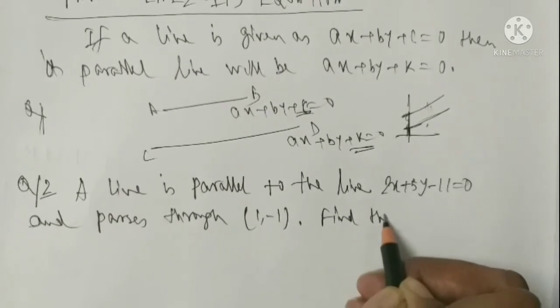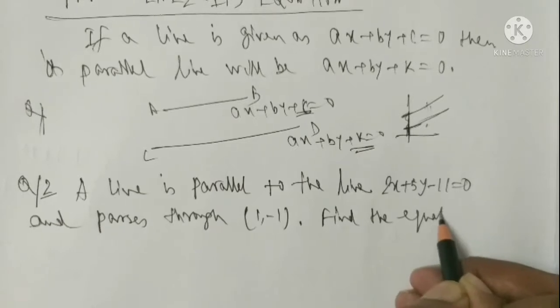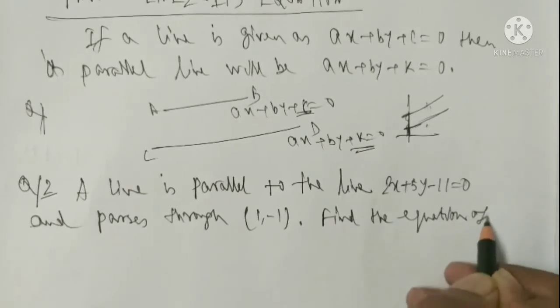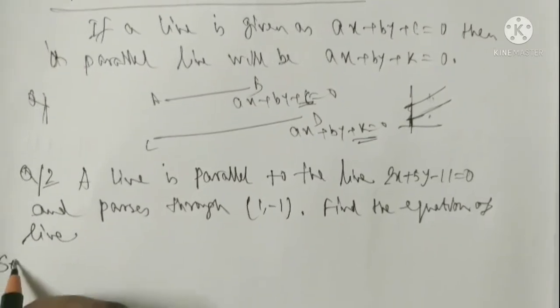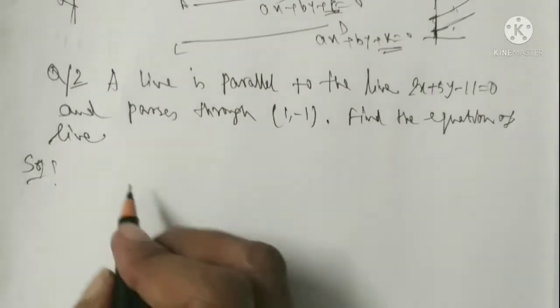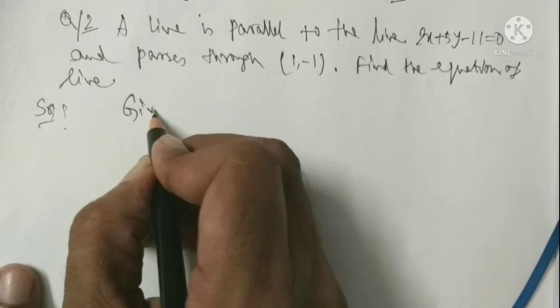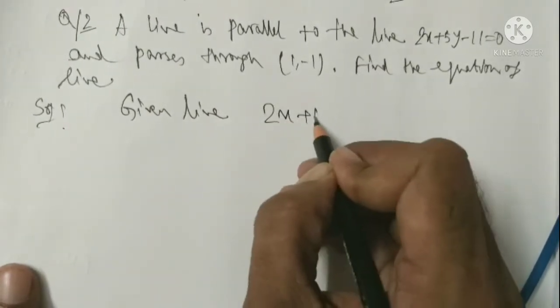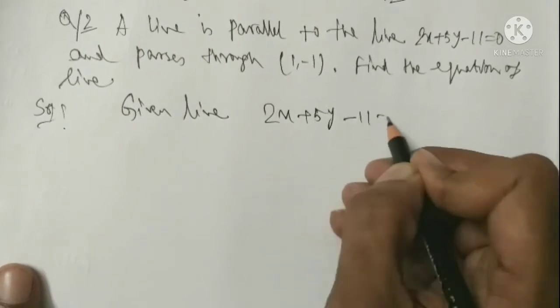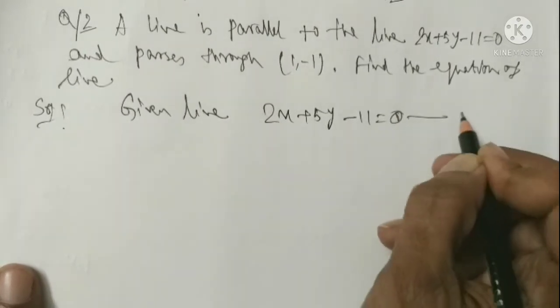Find the equation of the line. This is very easy and very short. Given line: 2x plus 5y minus 11 equals 0. This is number 1.